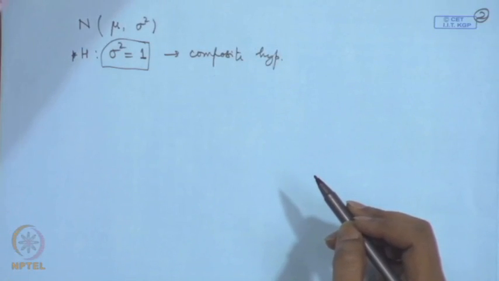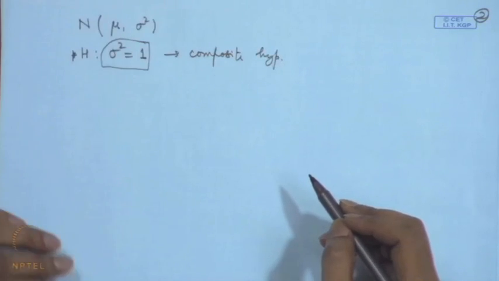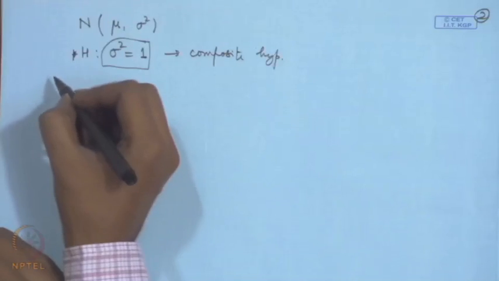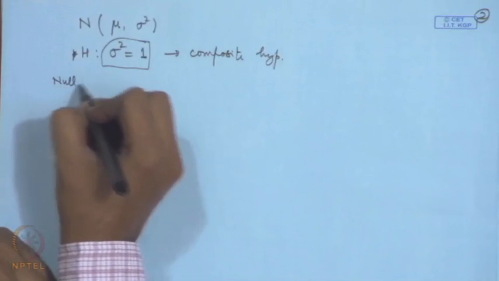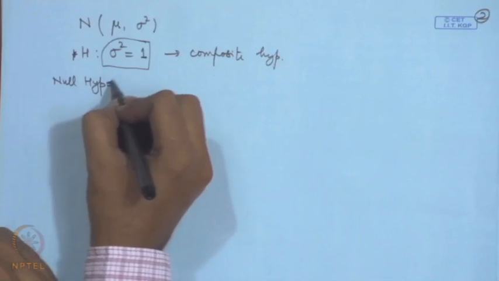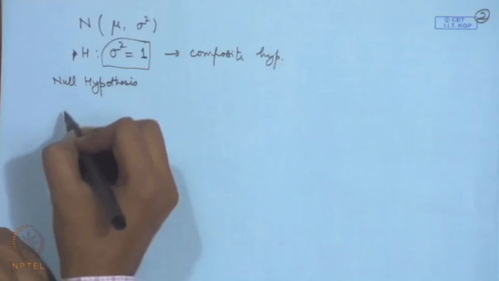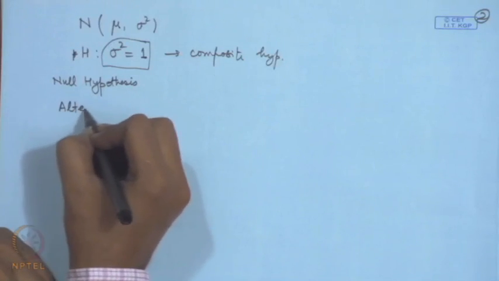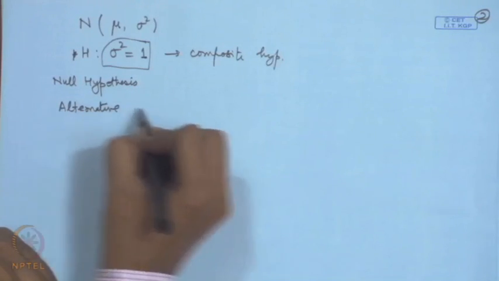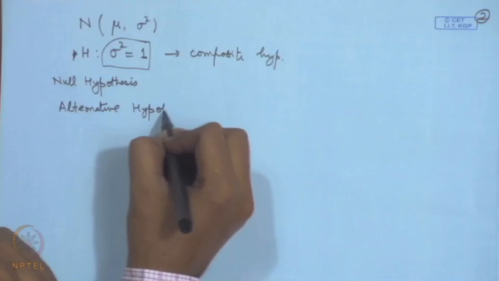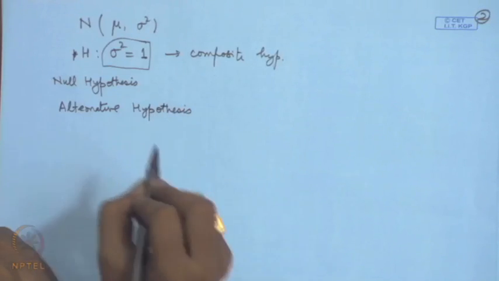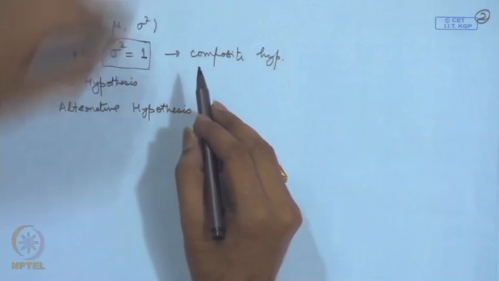Now, there is another classification of the nature of the hypothesis. We say something is a null hypothesis and there is an alternative hypothesis. Now, what is a null hypothesis?